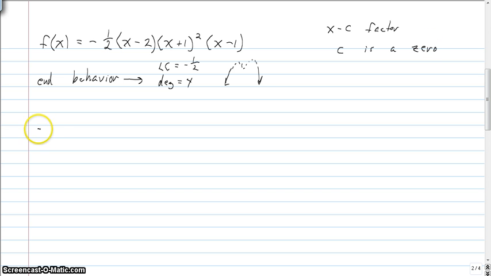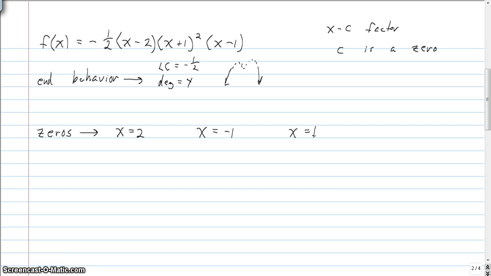So really, there's not much work to do to get the zeros in this case. The zeros are going to be 2, -1, and 1.